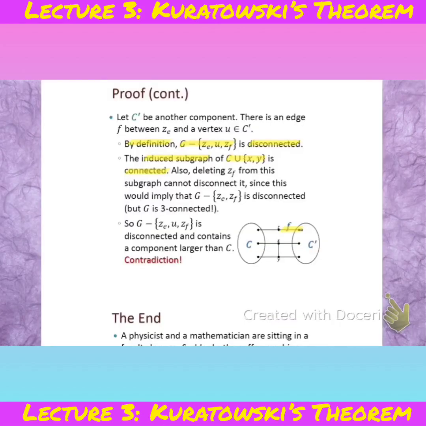All right, so now we know that graph is connected. Also, deleting Z_F from this subgraph cannot disconnect it, since this would imply that G without Z_E, Z_F is disconnected.